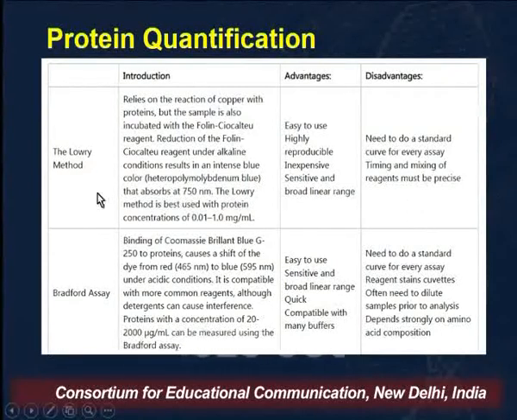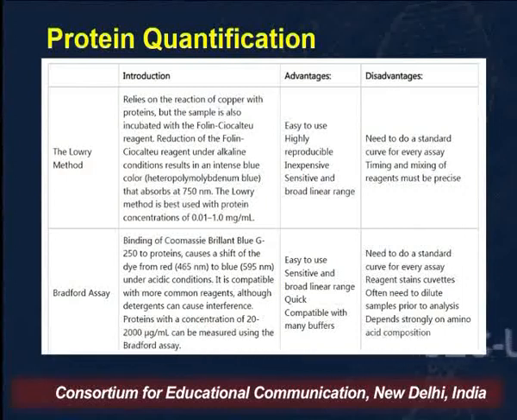So two methods. One is a very common method called the Lowry method. It talks about the reduction of copper ions, and therefore it gives a colored substrate when this change occurs, and that colored substrate can be identified at 750 nanometers. So you can use a simple colorimeter to identify the presence of a protein.